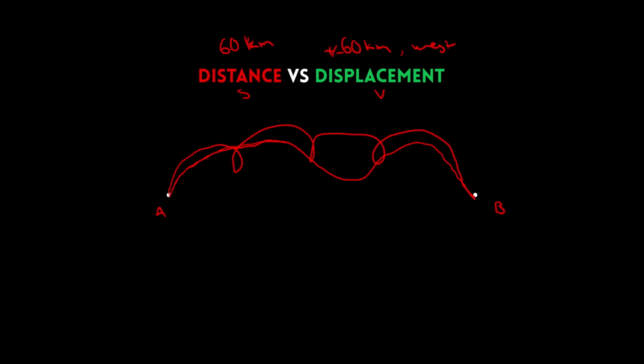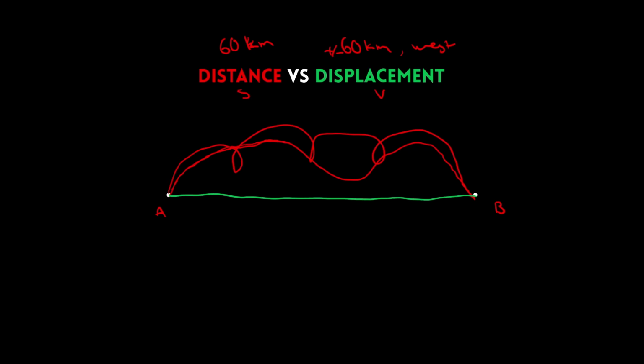Whereas if you're talking about displacement, you would be talking about the shortest distance between point A and B. So you would only look at this. Oh, sorry, you'd only look at this. And so that would be the displacement. And that's what the difference is.